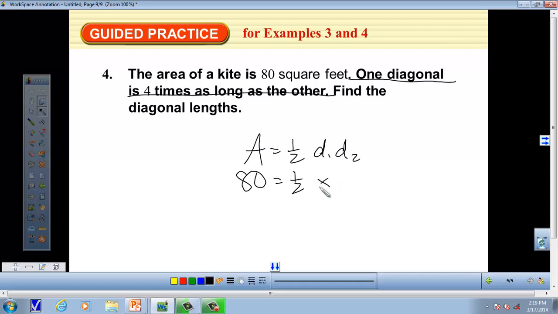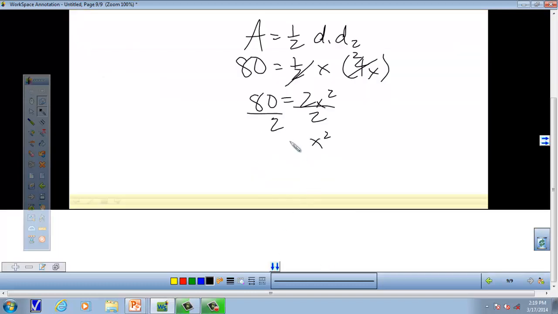If we call the first one x, the second one would be 4x. So if we simplify this, those cancel to give me 2 here. And we get 80 is equal to 2x squared. I'm going to divide both sides by 2.